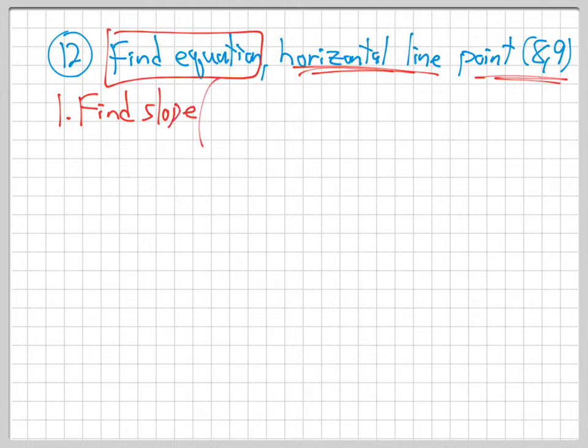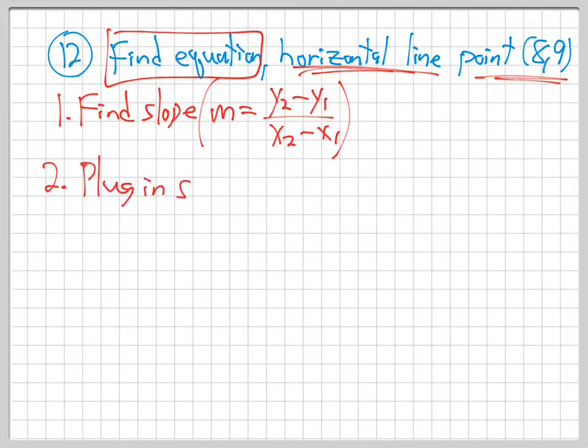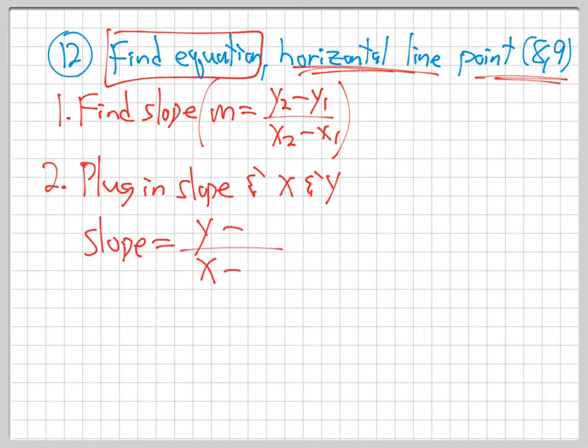And that could be that you use m equals y2 minus y1 over x2 minus x1. Find the slope. Step two, then plug in slope and x and y to the formula slope equals y minus blank over x minus blank.